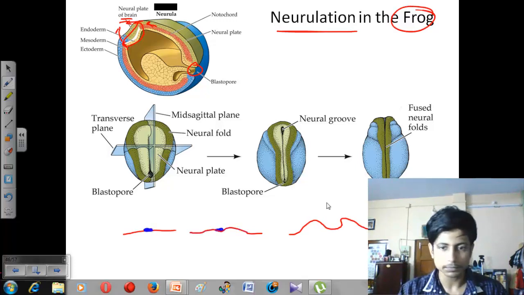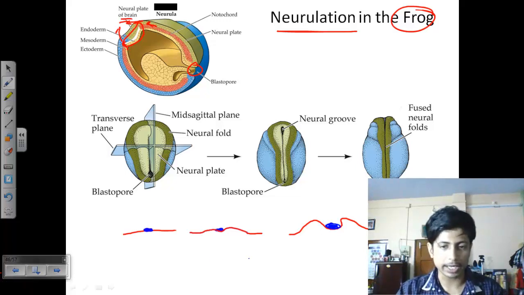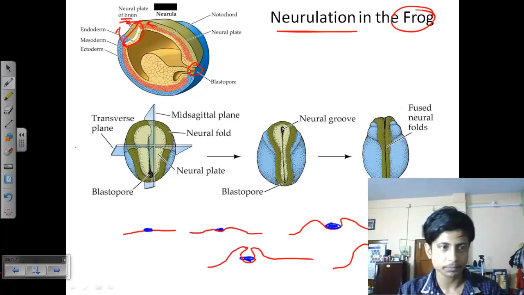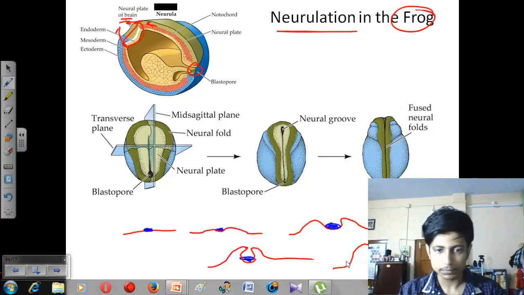See, slowly they start to rise up, and then very slowly, and ultimately it will fuse itself.